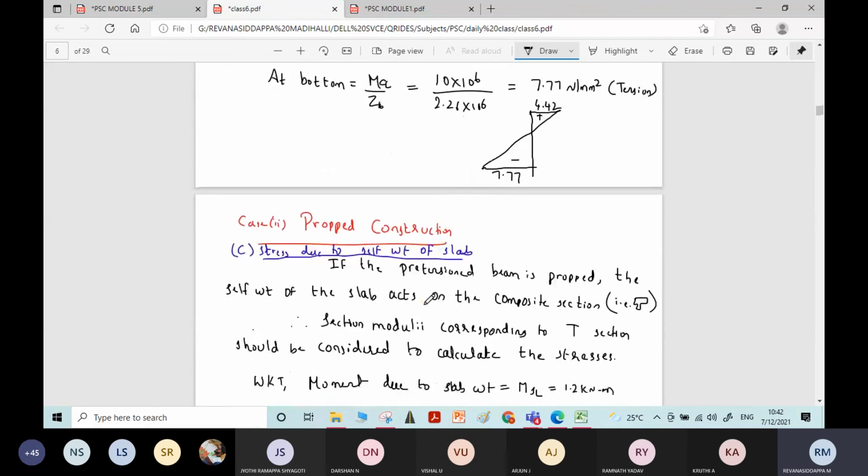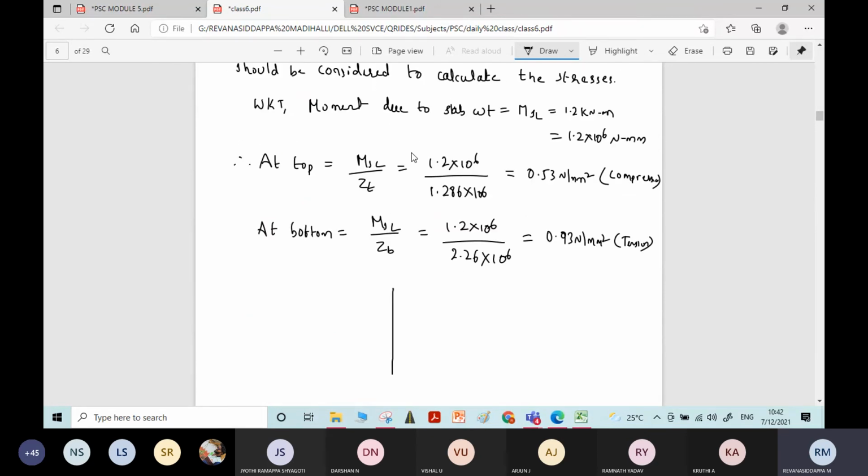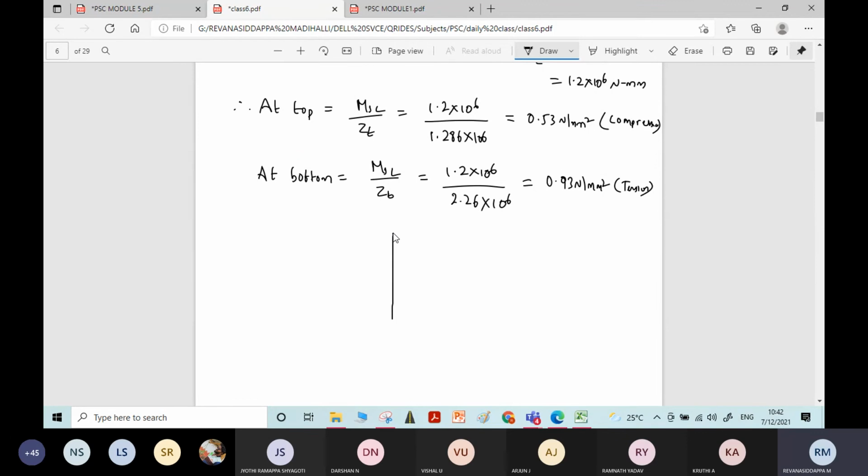Therefore, the nature of stresses will be 0.53 and 0.93.